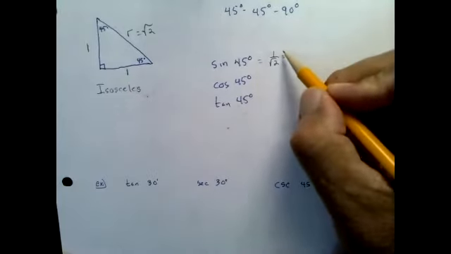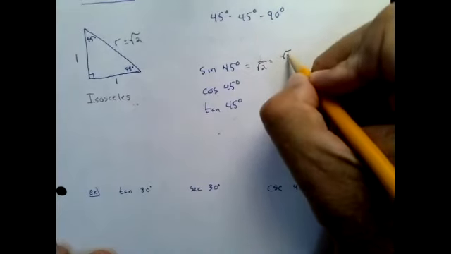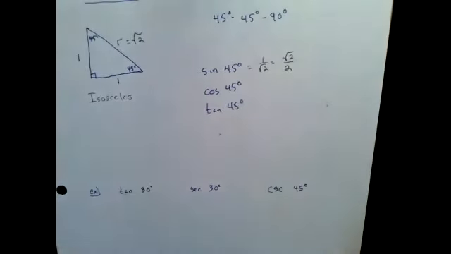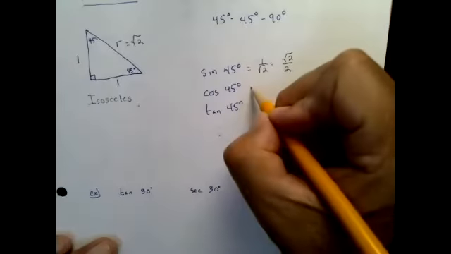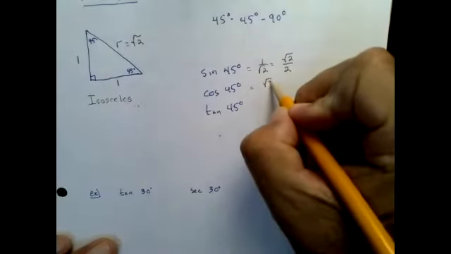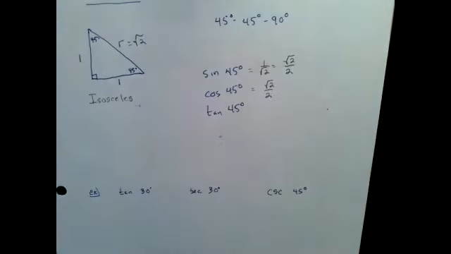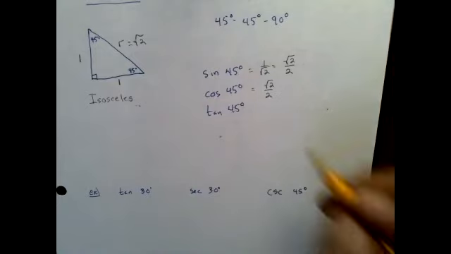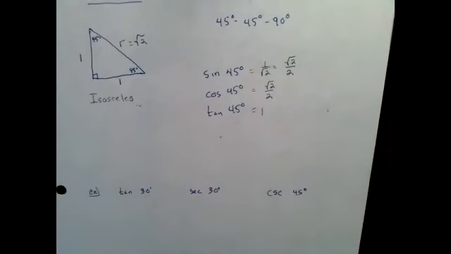Multiply top and bottom by the square root of 2, I get the square root of 2 over 2. The cosine is going to be exactly the same, square root of 2 over 2. Tangent, 1.